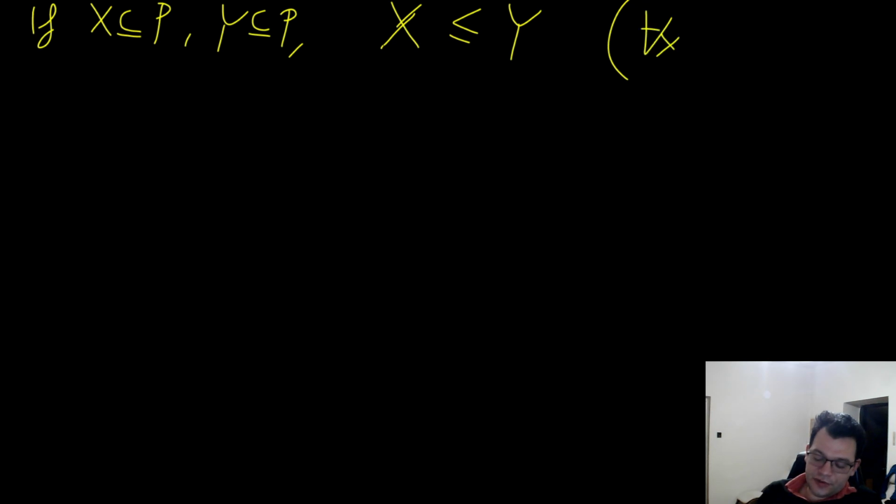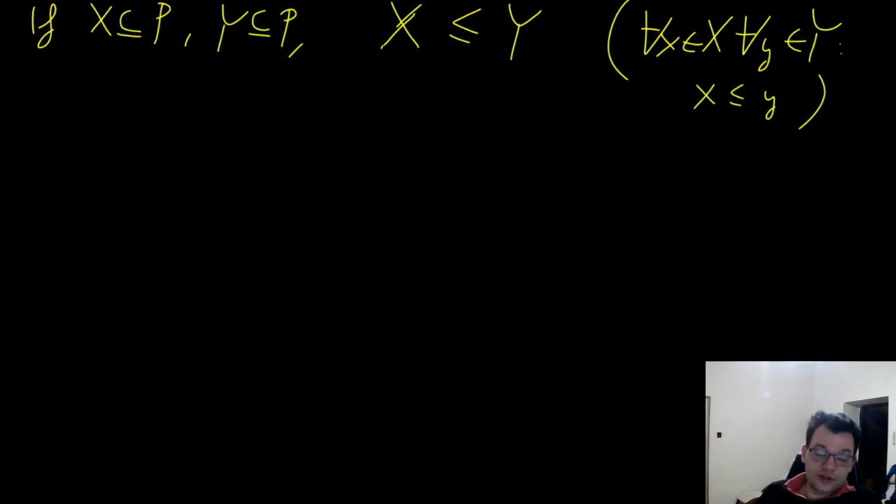This means that for each element of X and for each element of Y we have this relation. So basically this is the same as stating that Y contains not necessarily all, but some upper bounds of X, and X contains some lower bounds of Y.